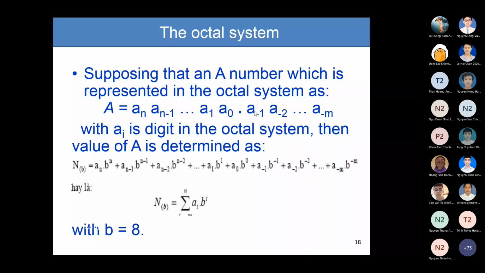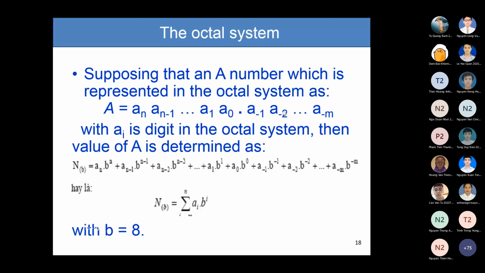For the fraction part, we index from minus 1 until minus m. So this is the general way to represent a number. It consists of two parts, the integer part and the fraction part, separated by a dot in between.